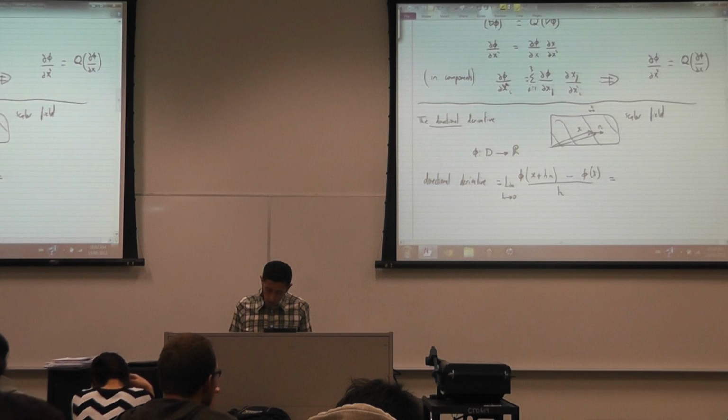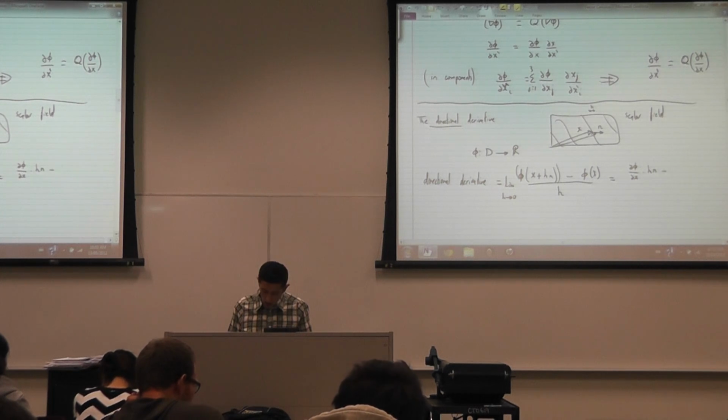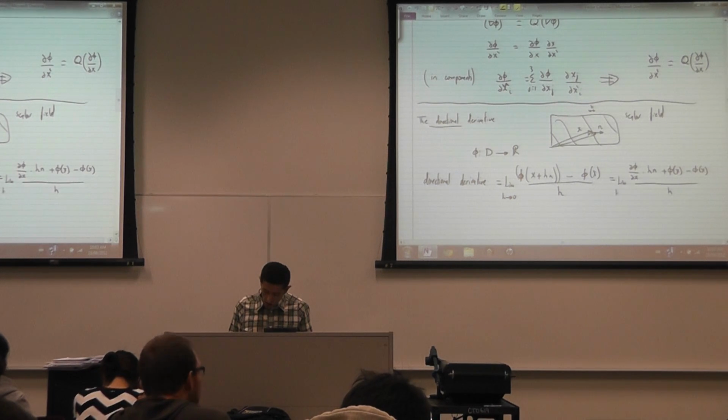This, using a Taylor expansion, because phi is smooth, will be equal to partial phi by partial x multiplied by h n plus phi of x minus phi of x divided by h, again limit as h tends to 0.